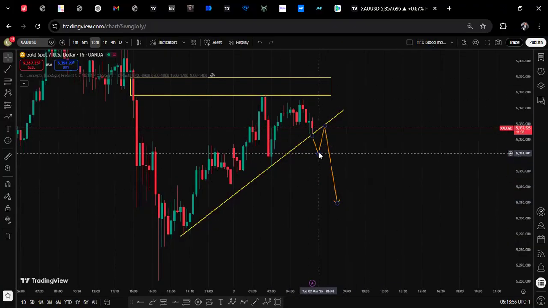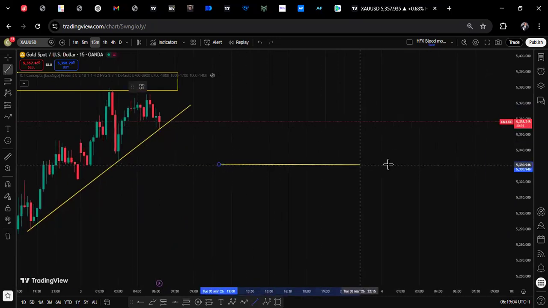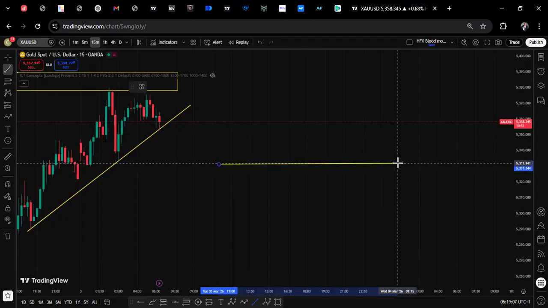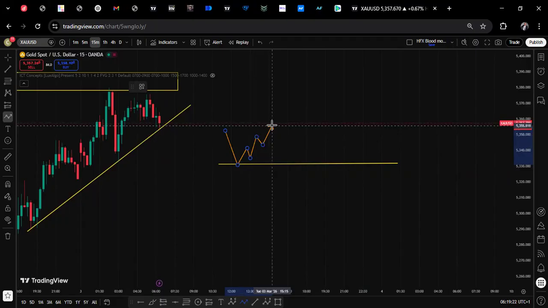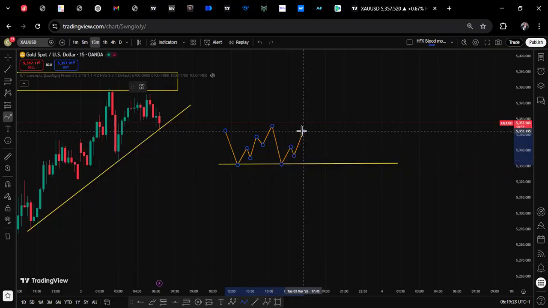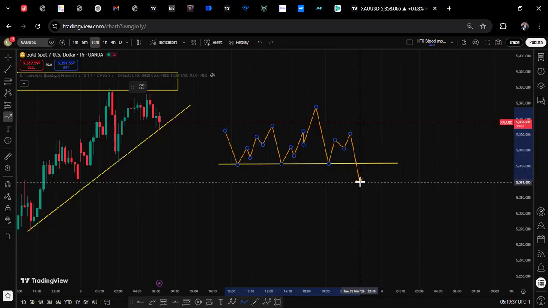If it breaks it, this is more like a diagonal break and retest. The same thing is what will happen when you have something like this: the market respecting a support for a very long time, playing around, second time, third time, and finally deciding to break this support.